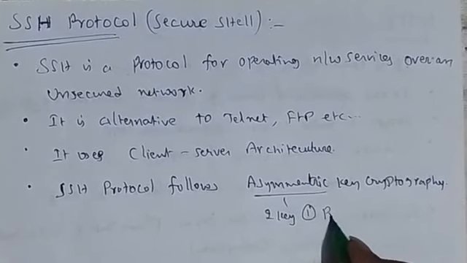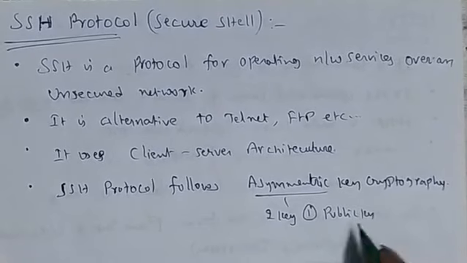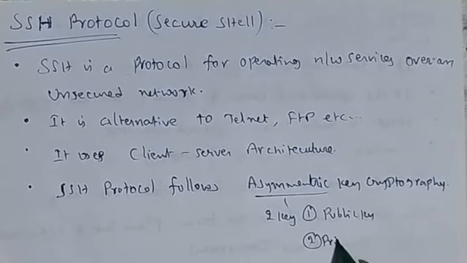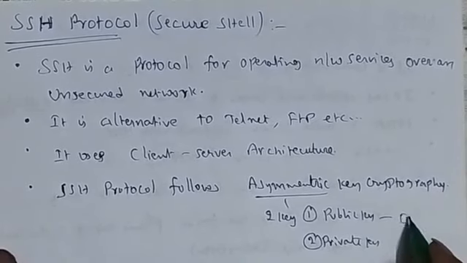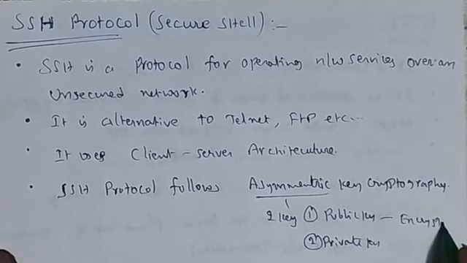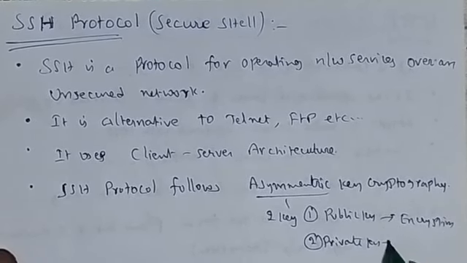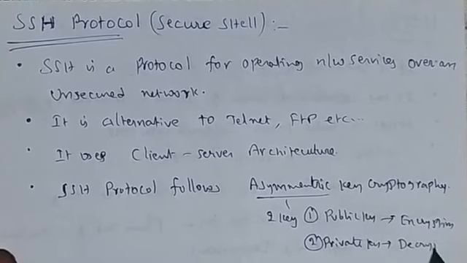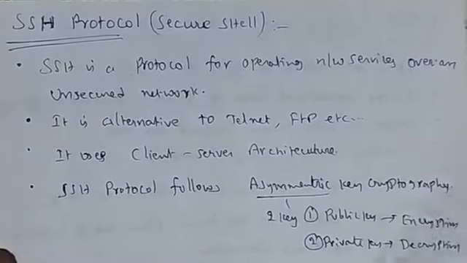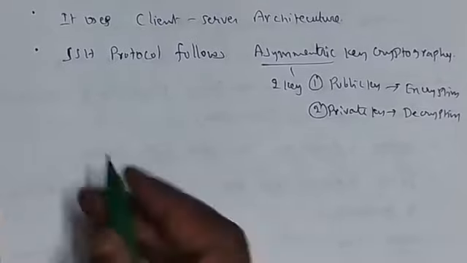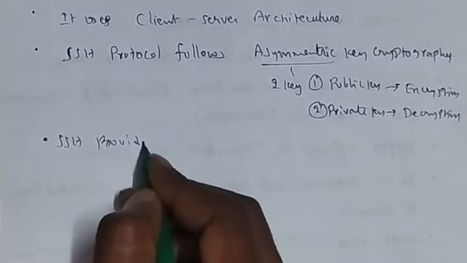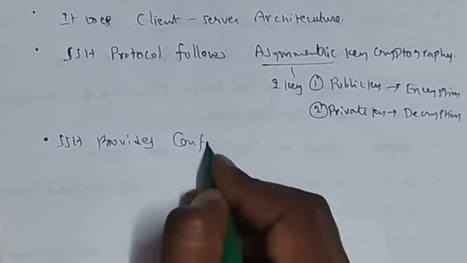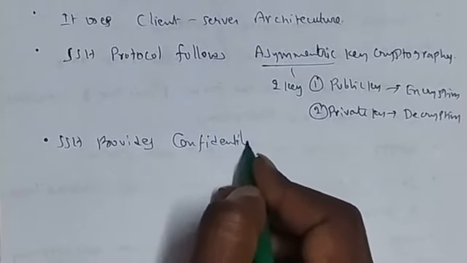The first one is the public key, and one is the private key. The public key is for encryption and the private key is for decryption. Okay, it provides confidentiality and integrity.